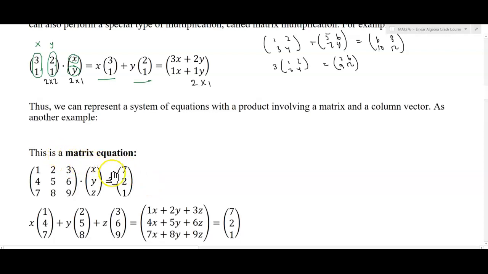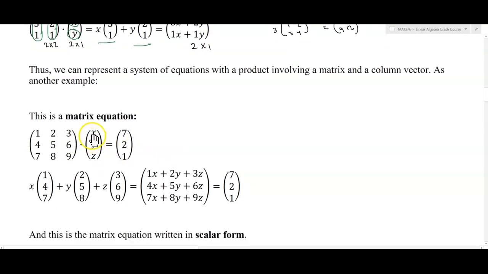A matrix equation just means that it has matrices and vectors in it, potentially both, maybe just one or the other. And so if we do the multiplication for this, think about it this way: the first, second, and third columns are going to get scaled by x, y, and z respectively, and then those scalar multiples are going to get added together.